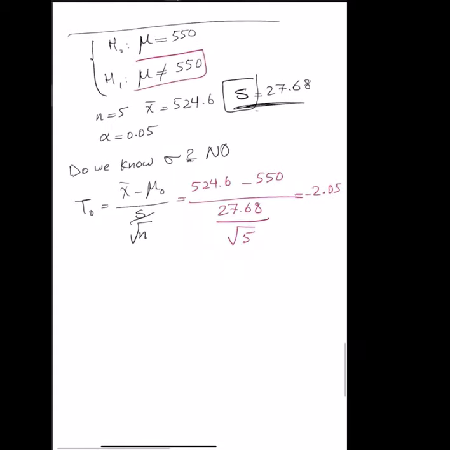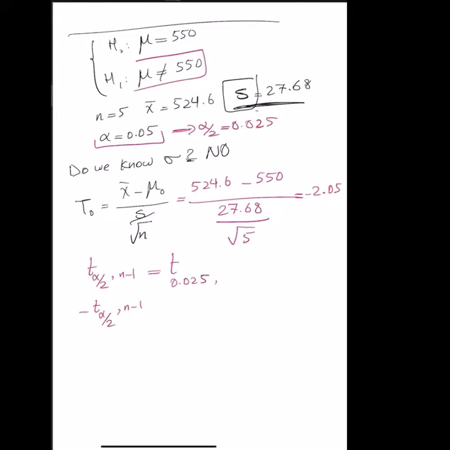So the critical values that I need to find are T of alpha over 2, n minus 1, and minus T of alpha over 2, n minus 1. Alpha here is 0.05, so alpha over 2 is 0.025. So I have to find T of 0.025.